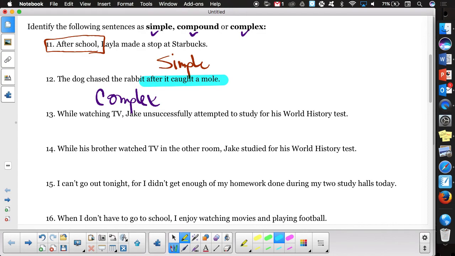About number 3. While watching TV, Jake unsuccessfully attempted to study for his world history test. It's a lengthy one, but it is simple. How about this one? While his brother watched TV in the other room, Jake studied for his world history test. That one is complex. Which would you say? Not compound. Complex.